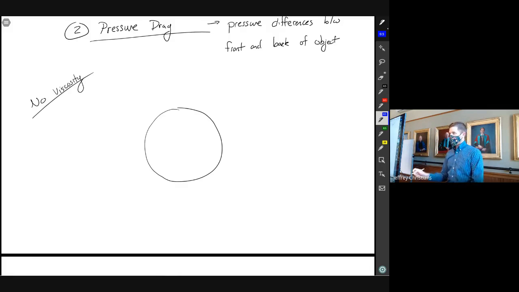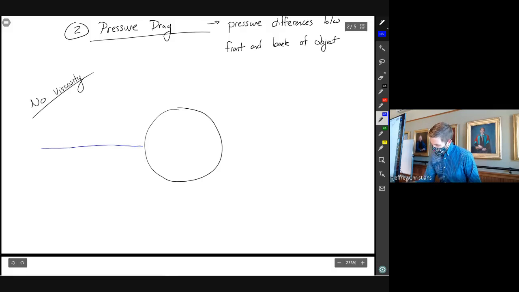We would have a fluid flowing up against the ball. It's going to come in here and come to a stop at the front edge of the ball. So this is our stagnation point.